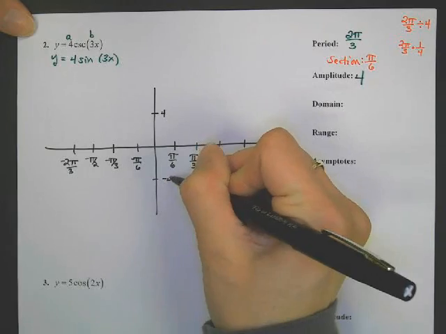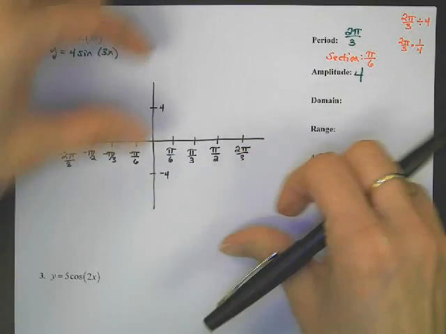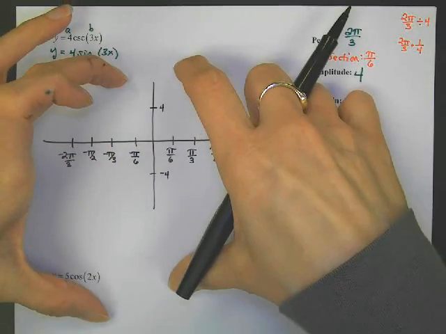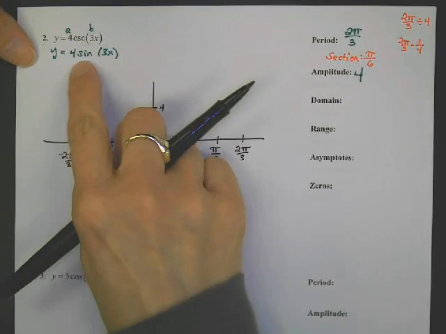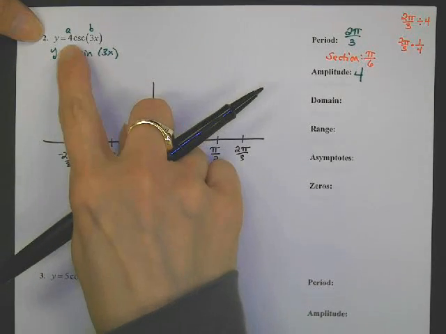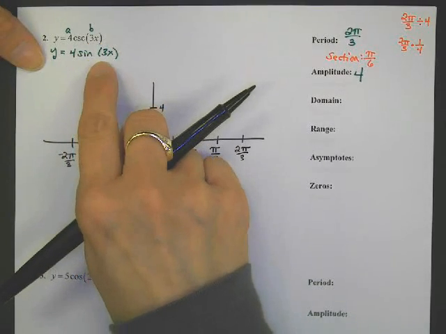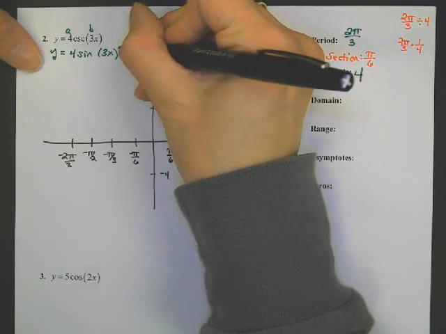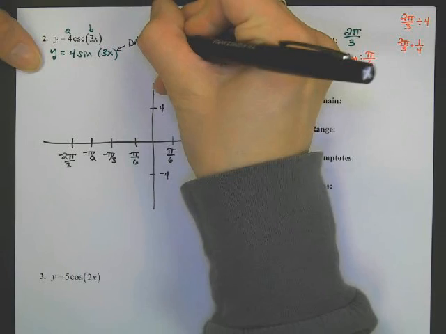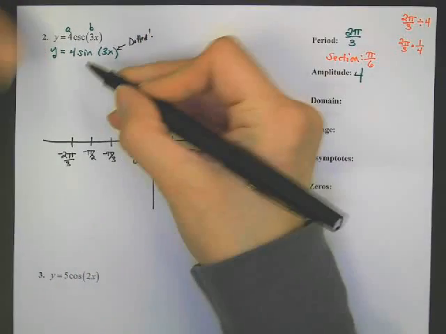For people that are really big writers, make sure there's enough space above and below. Don't take up this much space because we're actually going to draw above and below that. So what I want to see is a sine graph. But that's not the official graph. I want to see a dotted sine graph that's going to help me draw the cosecant. So this one right here has to be dotted.